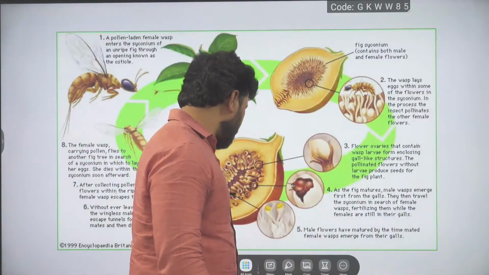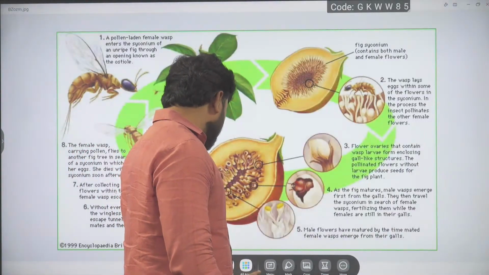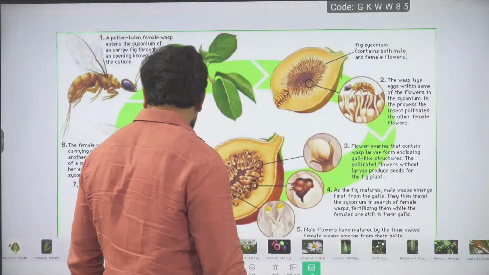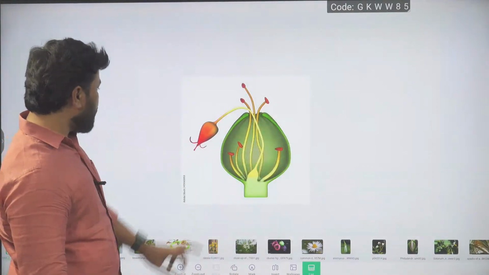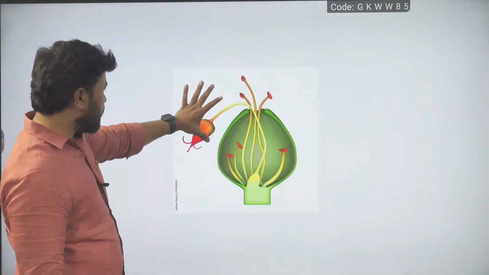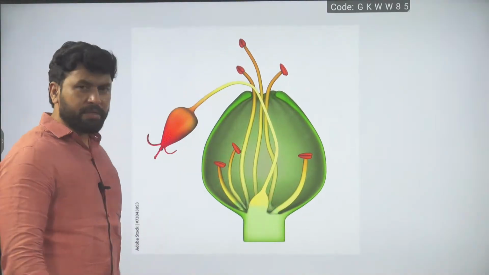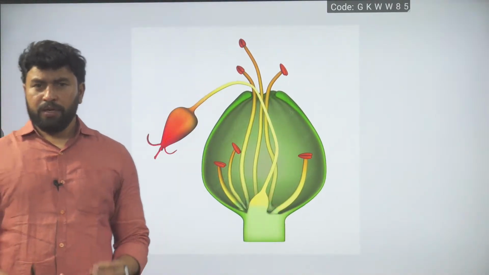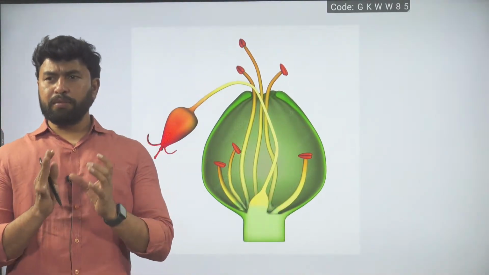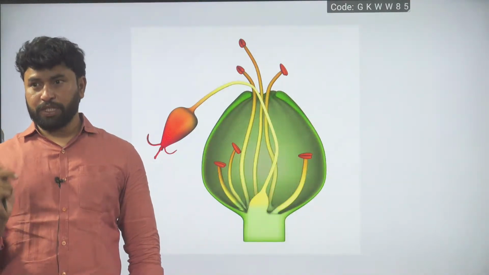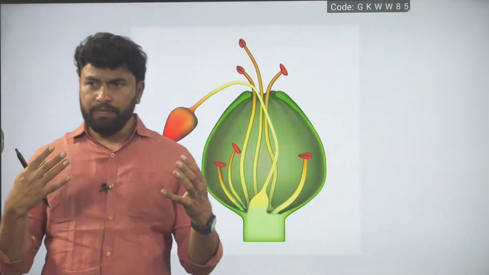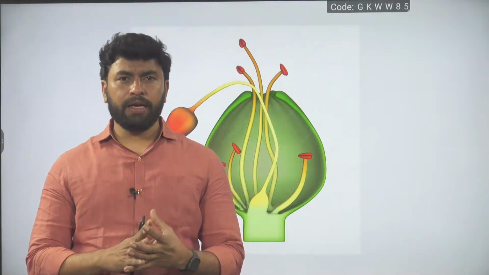Next, another criterion when it comes to special types of inflorescence. One more type of inflorescence is called the cyathium type of inflorescence. Most Euphorbiaceae members have this mode of inflorescence. Here is one speciality. Earlier, an inflorescence appeared like a fruit.